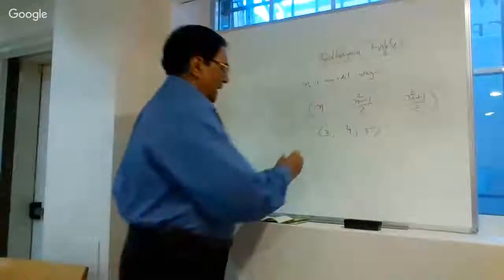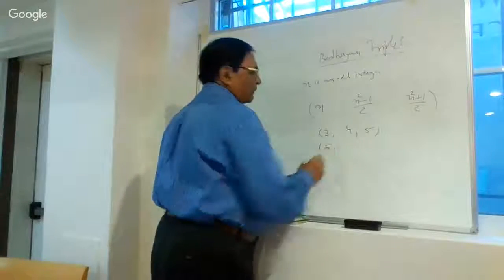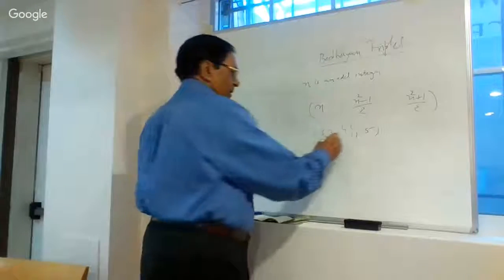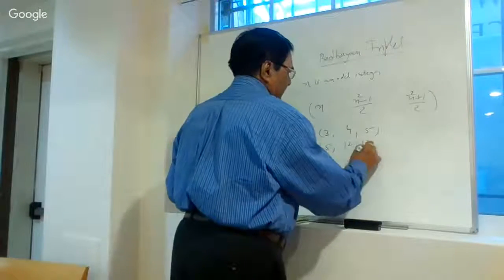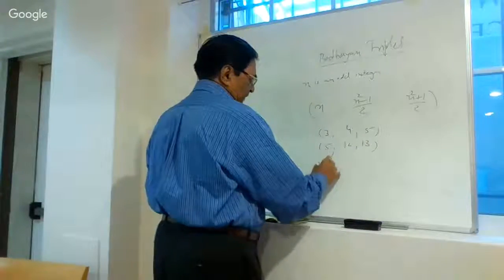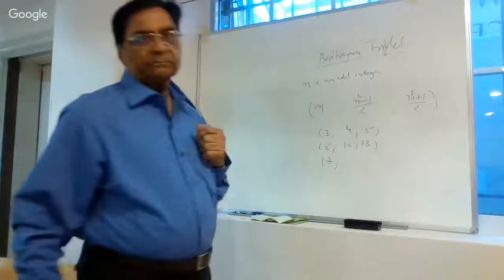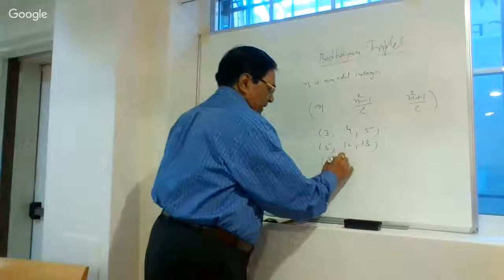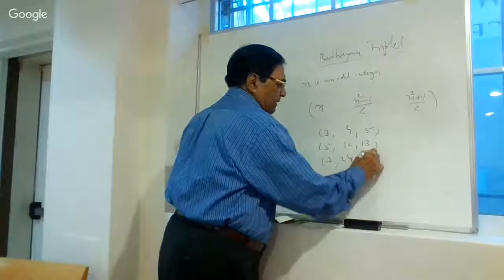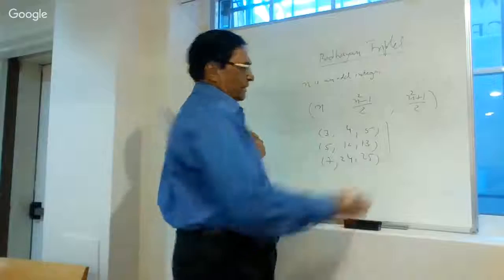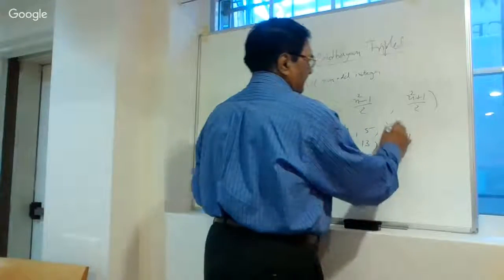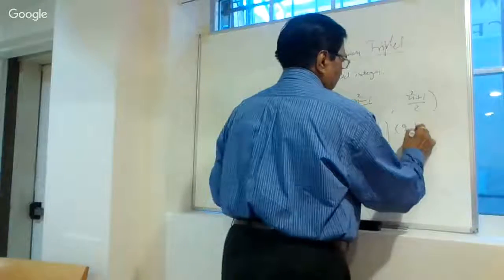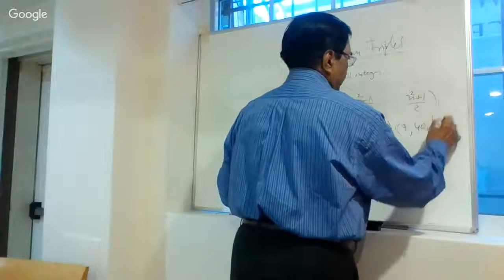Take 5: 25 minus 1 is 24, so 12, 13. Take 7: 49, 48, 24, 25. You can take 9: 40, 41.